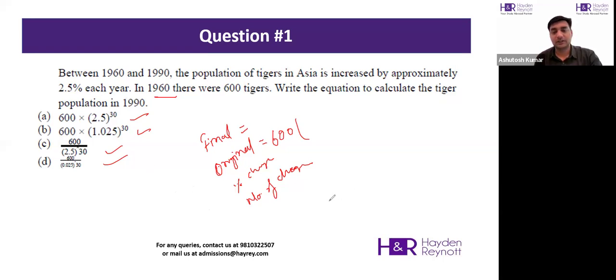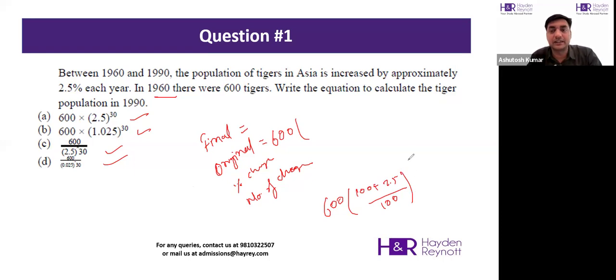Final is going to be 600 multiplied with 100 plus, because in this case we have a question based on increase, that is growth, 2.5% growth, so 100 plus 2.5 divided by 100, and then power is n. What is n here?